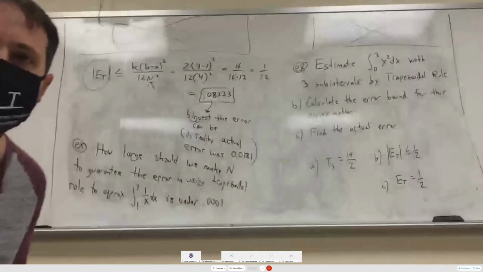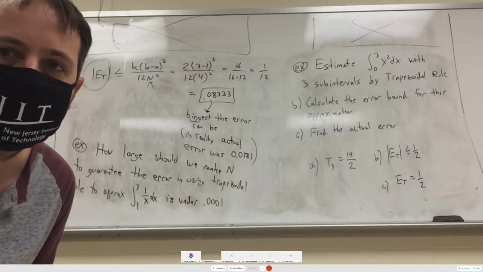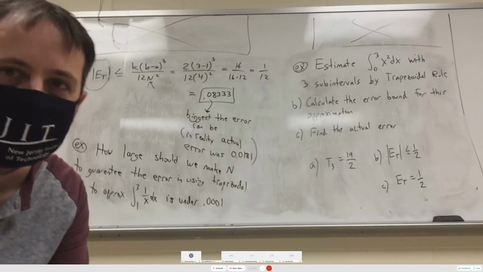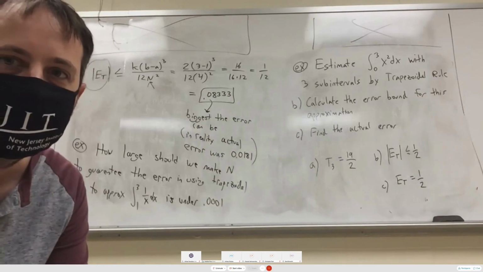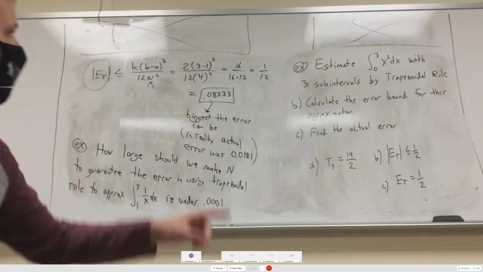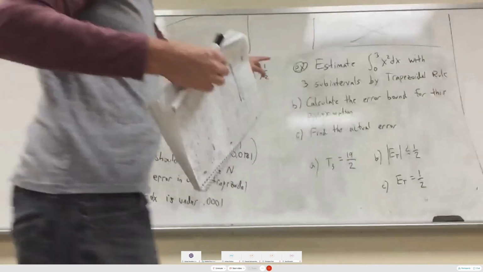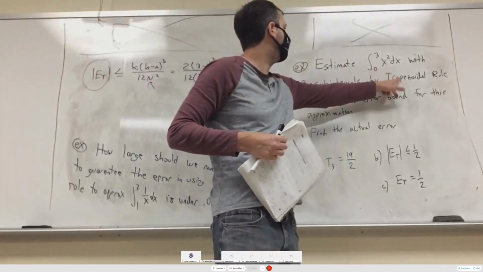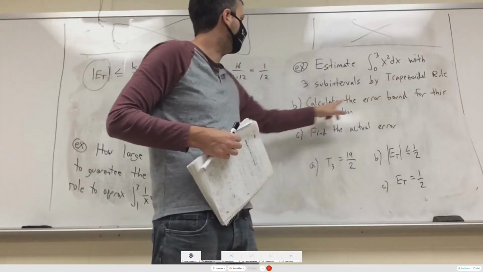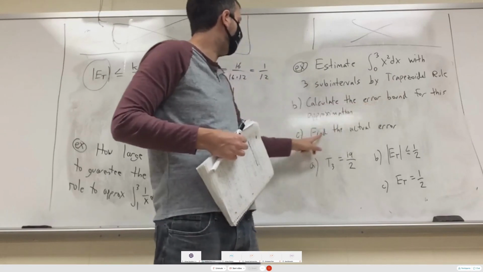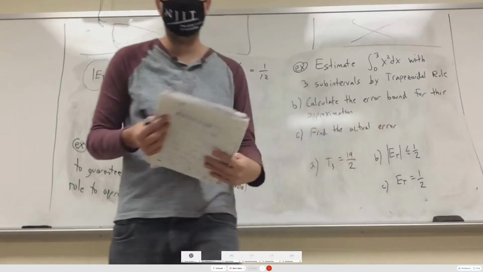I'm going to stop recording here. These are all the questions: estimate this integral with the trapezoidal rule, then calculate the error bound, and then find the actual error.